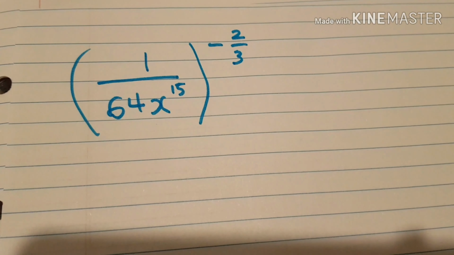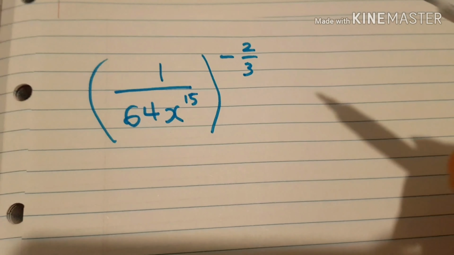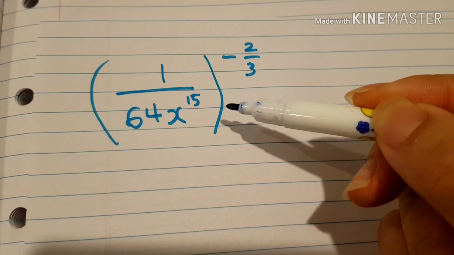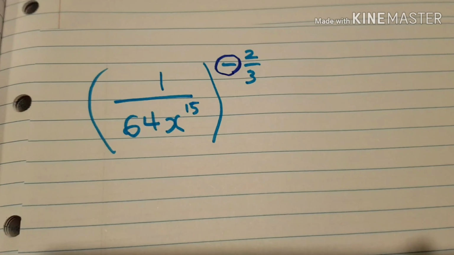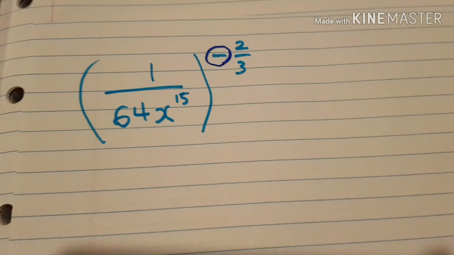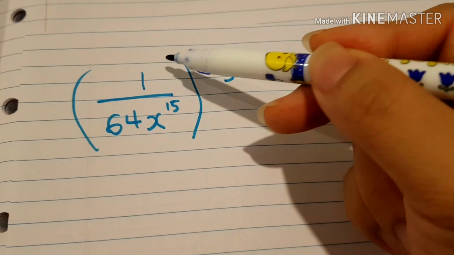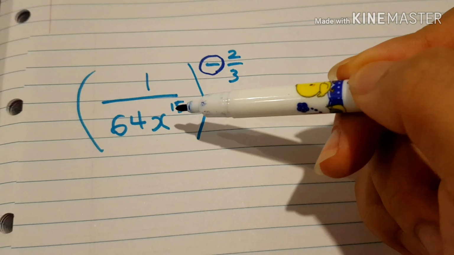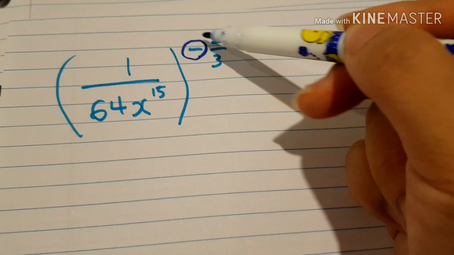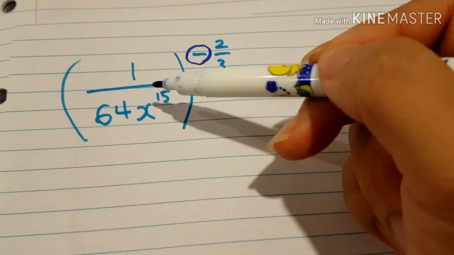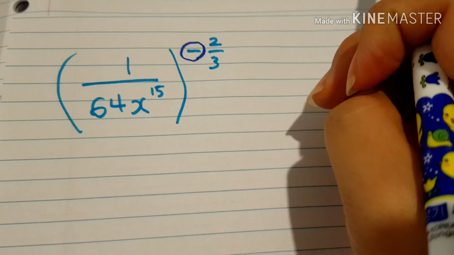Let's have a look at the very last question. I have a bracket, and outside the bracket I have a power that is negative. So it's a negative power, so it's normally 1 over. But remember, if I had a negative inside there, I could switch. In this one, since it's negative and it's a fraction, the entire one, everything will just flip.